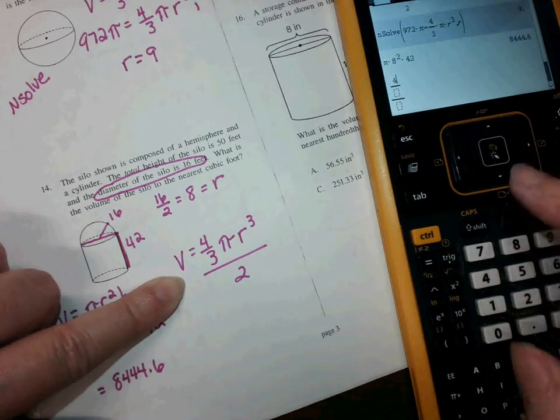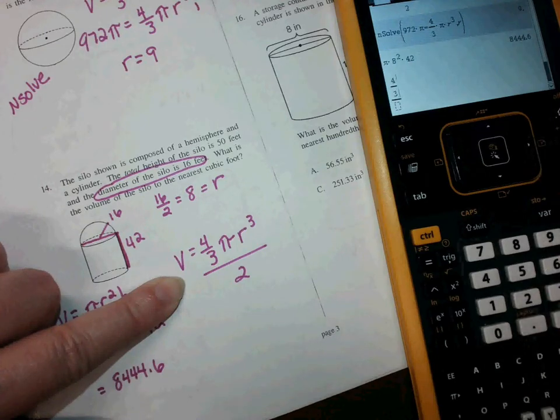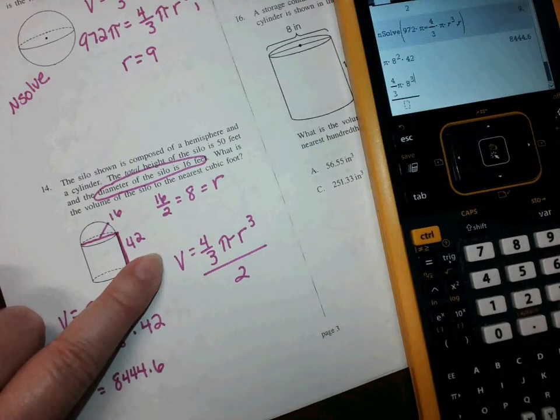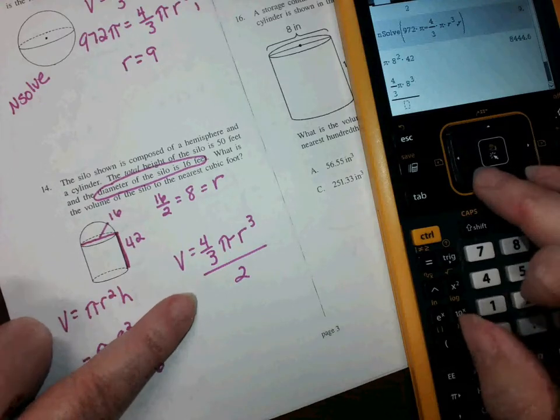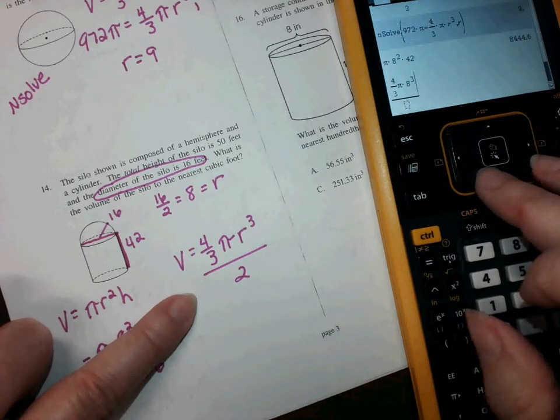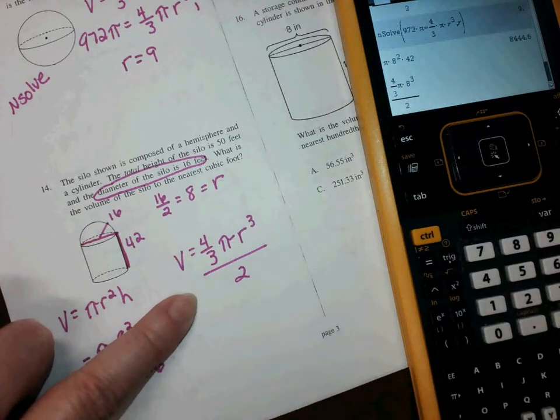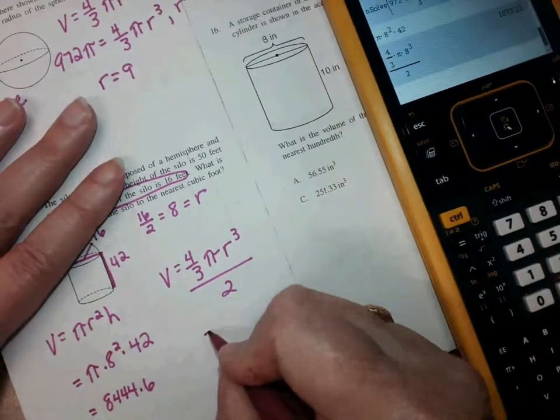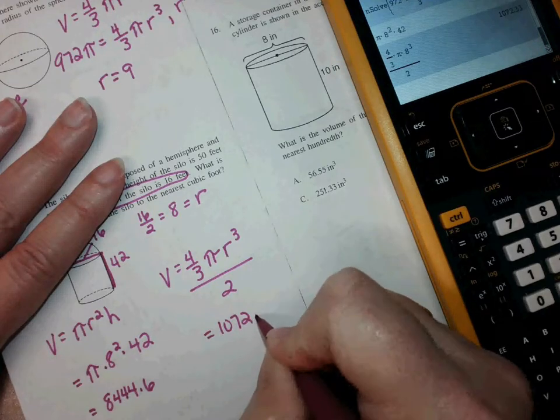All right, so 4/3 times pi times the radius we said is 8 cubed. All of that goes on top. And then I'm going to divide the whole thing by 2. And I get 1,072.3.